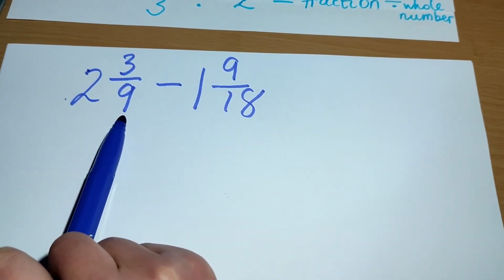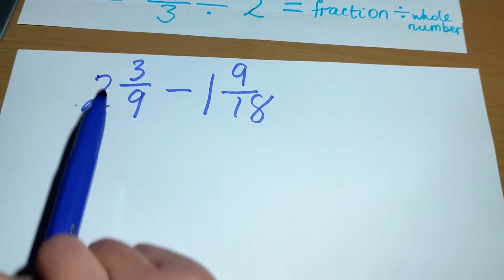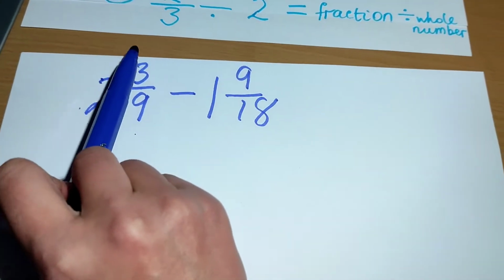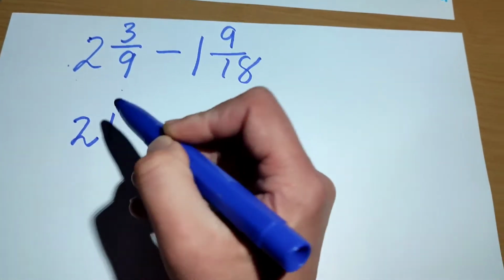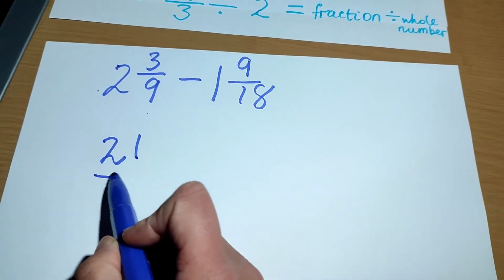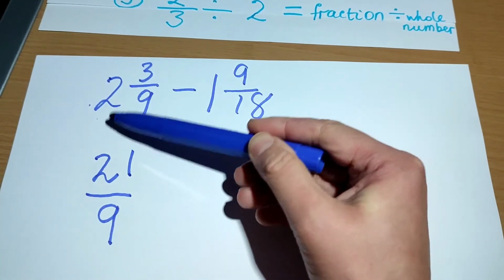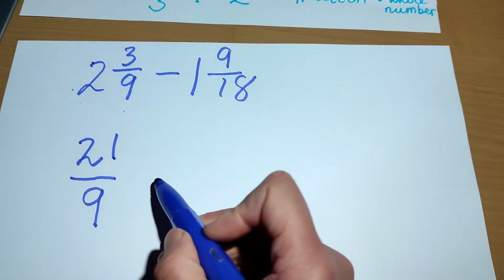We take 9, times it by 2, and we're adding 3 onto it. 9 times 2 is 18. And add 3 on top of it, 21. Okay, the denominator stays the same, 21 ninths. So 2 and 3 ninths is the same as 21 ninths.